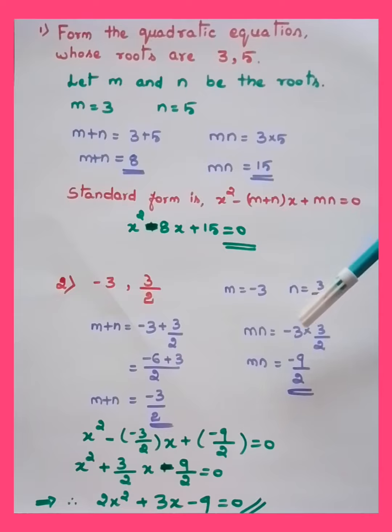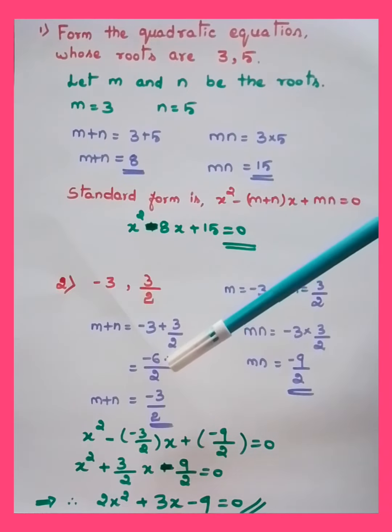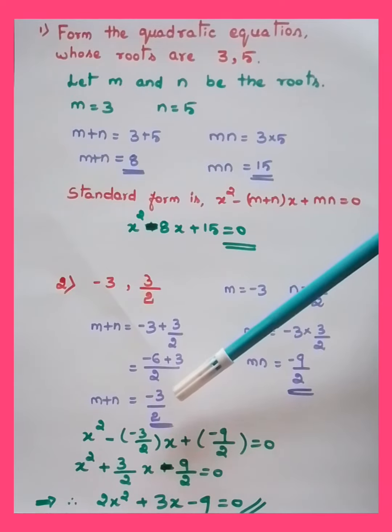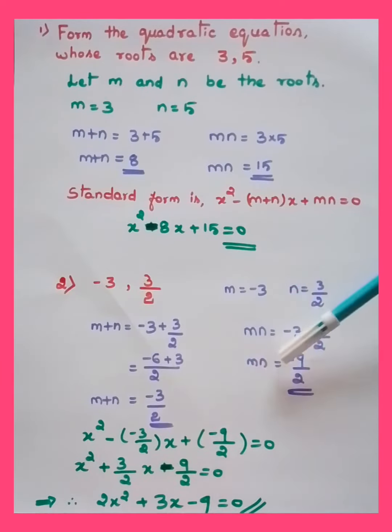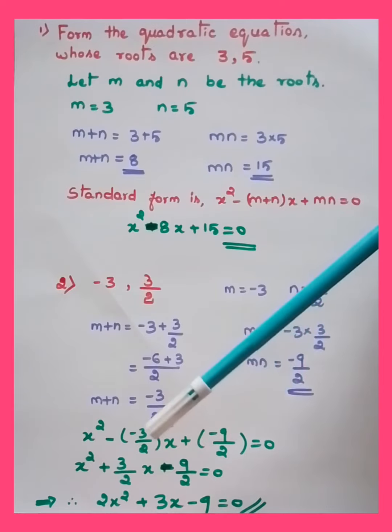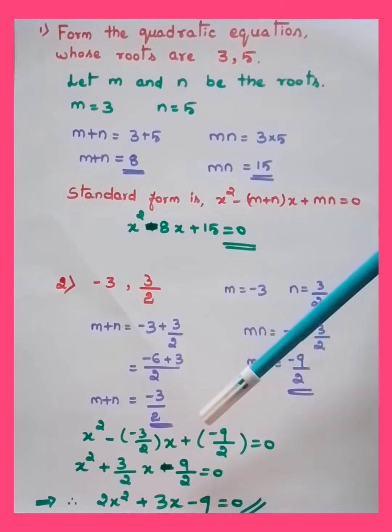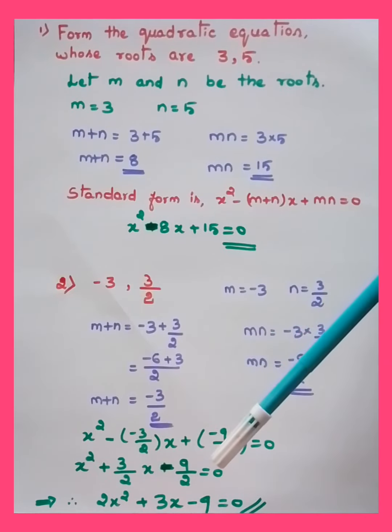m into n: minus 3 into 3 by 2. 3 threes are 9, minus as it is, divided by 2. So, m into n is minus 9 by 2. Substitute it in the standard form of the equation, x² minus of m plus n into x plus m into n. Then minus into minus is plus 3 by 2 x. Here plus into minus is minus 9 by 2, is equal to 0.